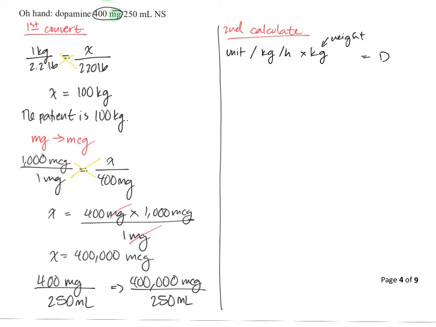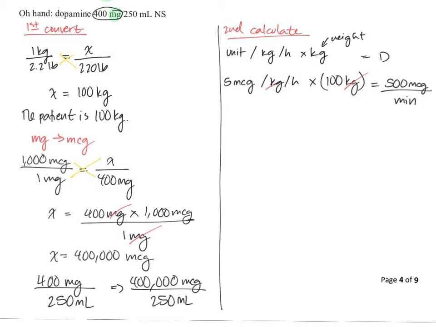The unit we have is 5 micrograms per kilogram per minute times the patient's weight of 100 kilograms, which we found by converting the 220 pounds. The kilograms cancel each other out, and we're left with 500 micrograms per minute.